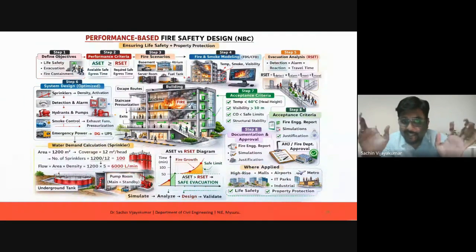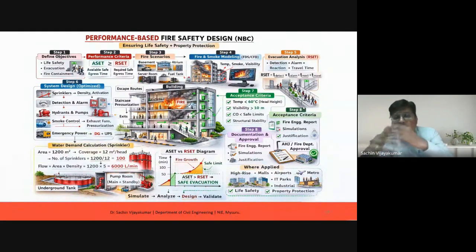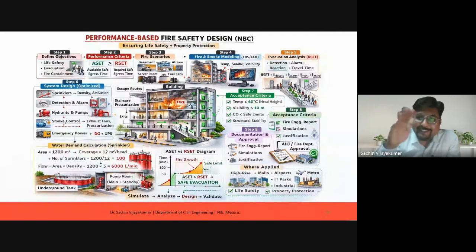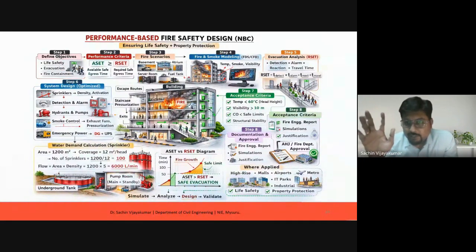If this is not working, then we have to replace any of the systems that we have considered to meet this criteria, like sprinklers, detection system, hydrants, smoke control, emergency power. All these conditions are reanalyzed or redesigned in such a way that every person is safely evacuated.